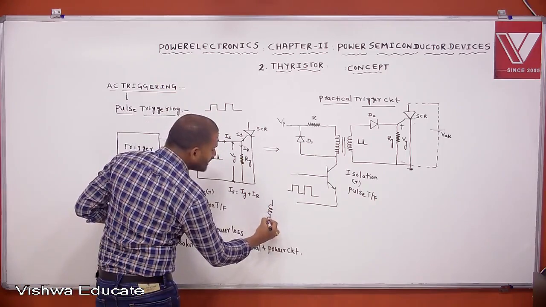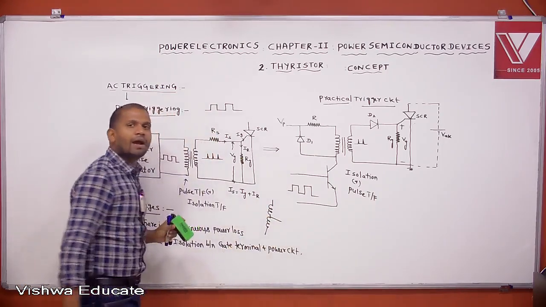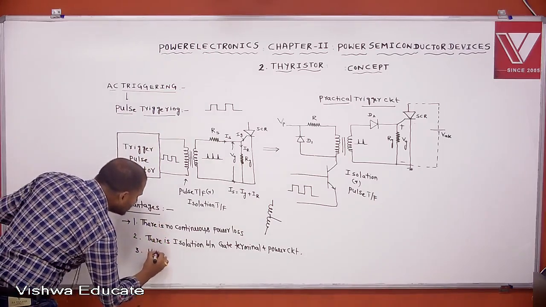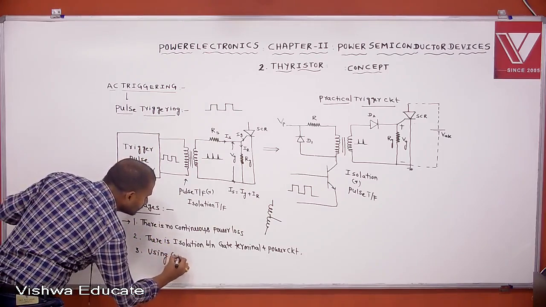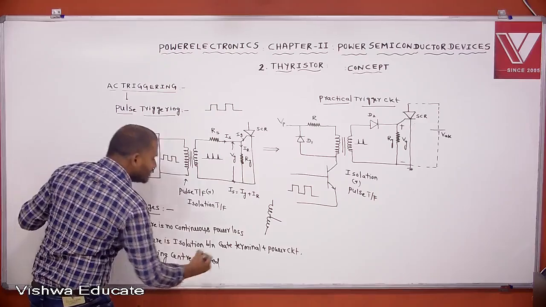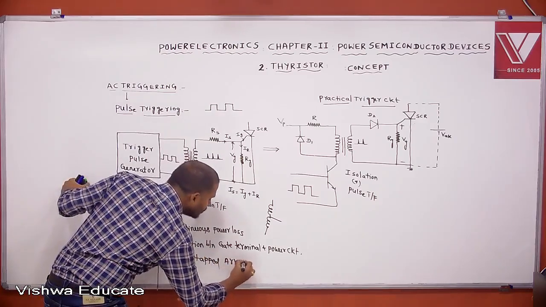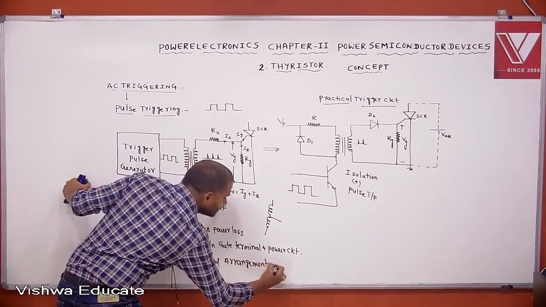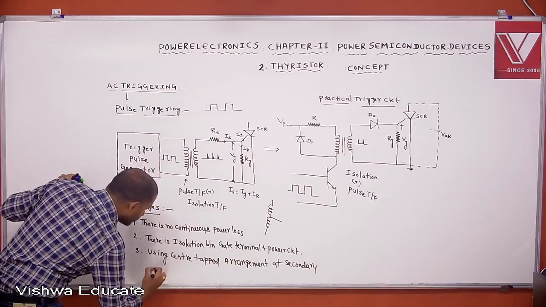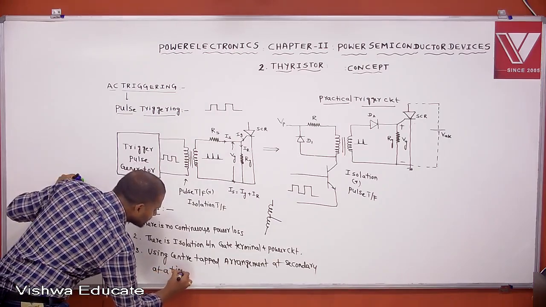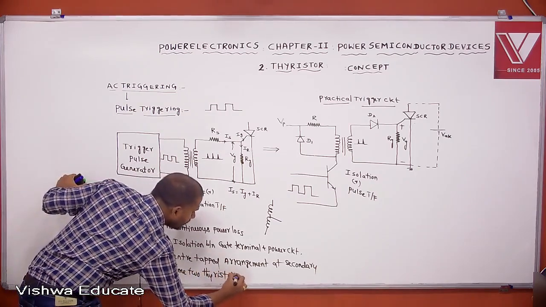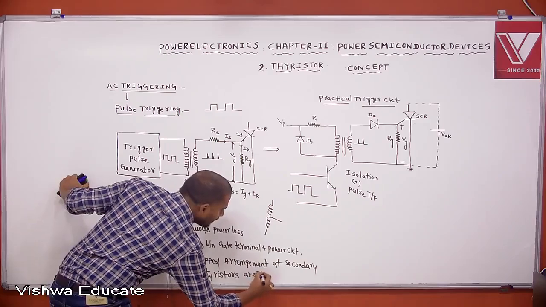If you use a center tapped arrangement at the secondary, at a time, 2 thyristors are triggered. At a time, 2 thyristors are triggered.